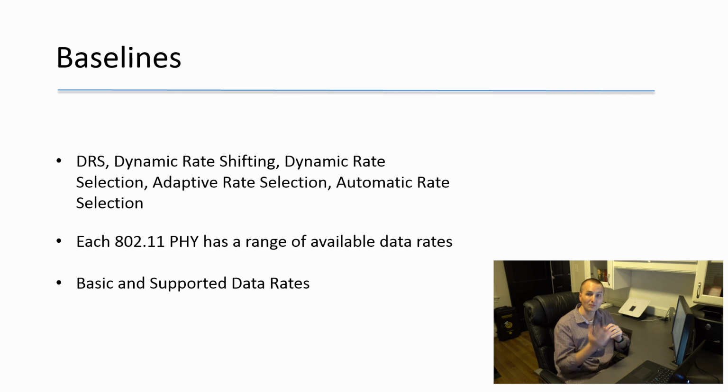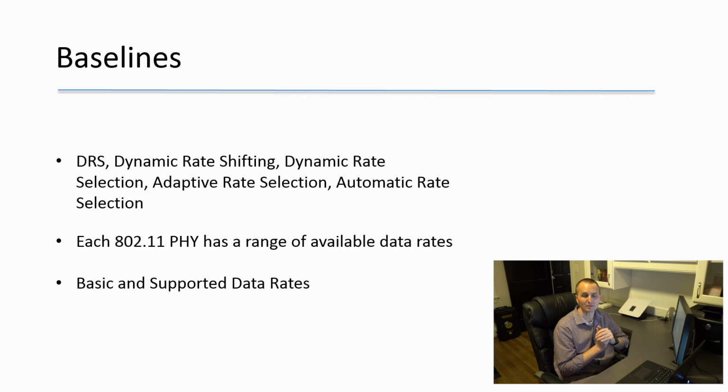Of course, the reverse of that is true. As data rates increase, resulting in more complex modulation and coding schemes, the signal quality also has to increase in order for that client to successfully interpret that data.